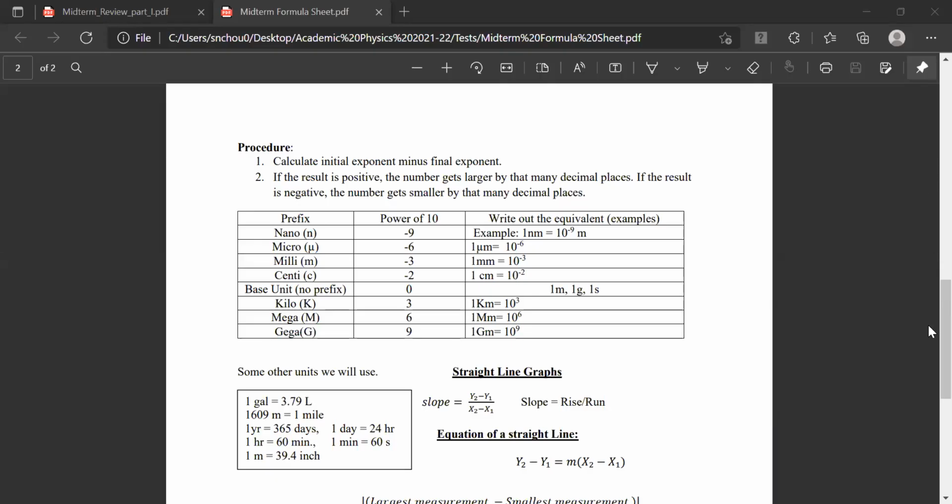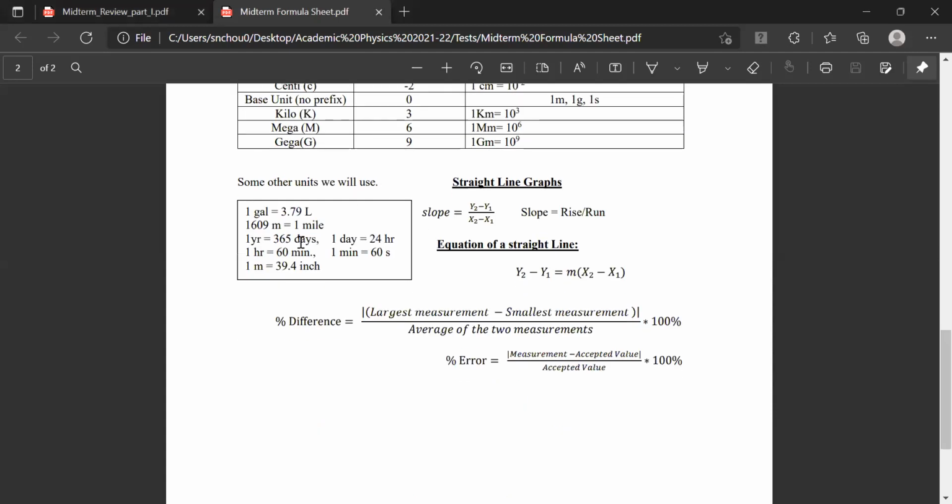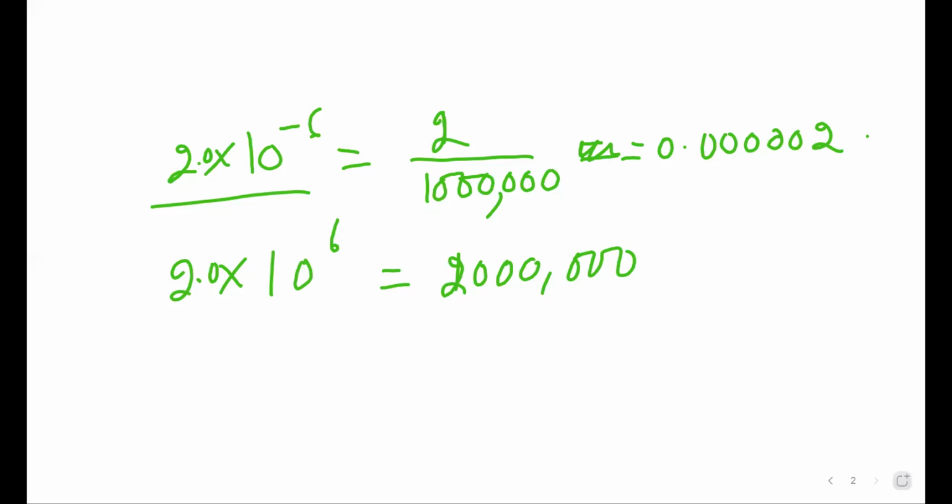So here's a formula sheet again. Let's say that we want to go from kilometer to mile. And there's 1,609 meters in 1 mile. So let me share the whiteboard. All right. So let's say that I wanted to convert 60 miles per hour to kilometer per hour.